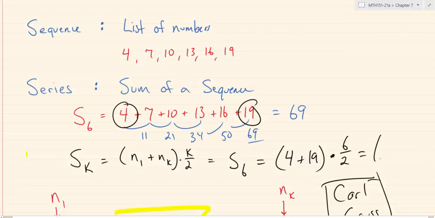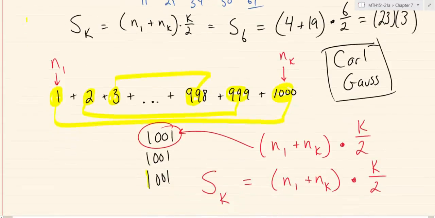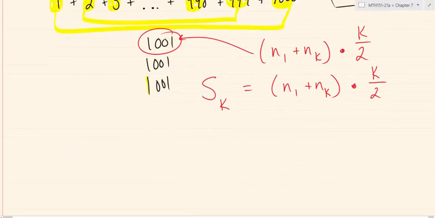So 4 plus 19 is 23, and 6 divided by 2 is 3, and 23 times 3 is 69, same. So the formula works.